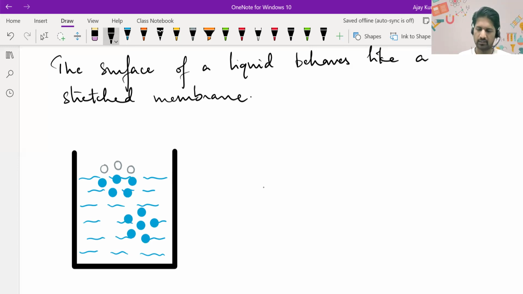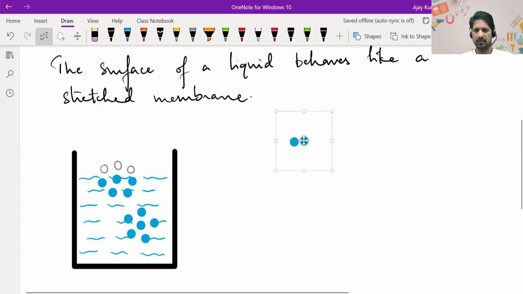Now, between liquid molecules, have any of you observed this from your everyday experience? When two water drops are brought very close to each other or into contact with each other, what happens? Do they stay as two separate water drops, or what do you see happening?